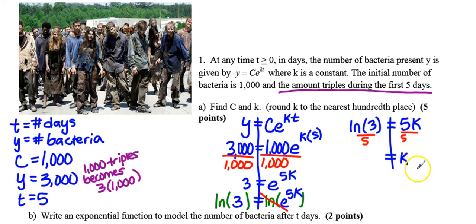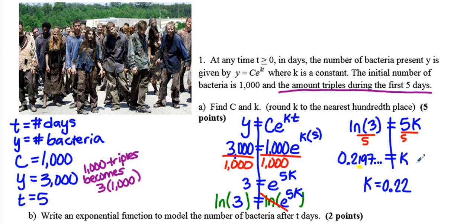Use your calculators. Let's find out what that is. We should be getting something like 0.2197 and so on. But the direction said round to the nearest hundredths. So here's tenths. Here's the hundredth spot. So that means that k equals 0.22.